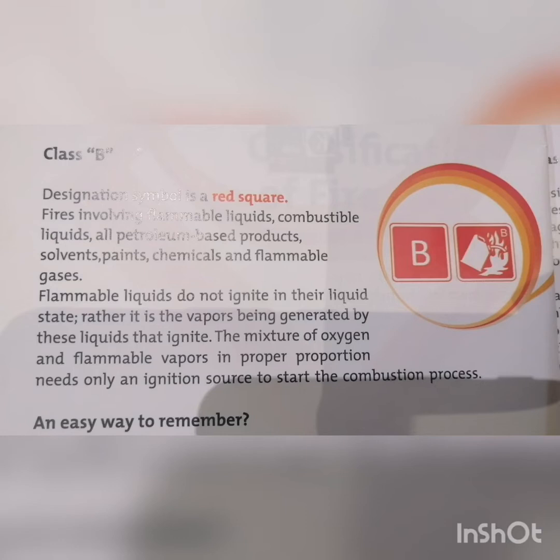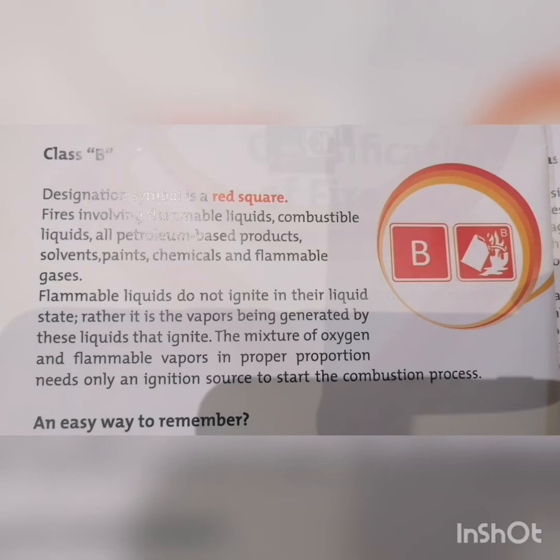Flammable liquids do not ignite in their liquid state. Rather, it is the gas being generated by the liquid that ignites. The mixture of oxygen and flammable vapor in the proper proportion is needed only to ignite from a source of fire.